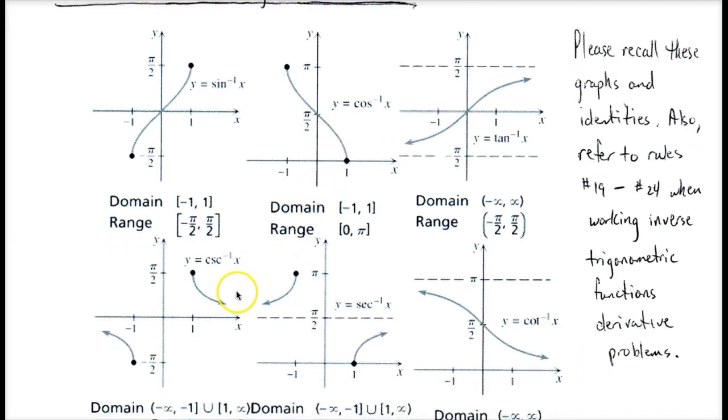Now, of course, for the reciprocal ones, there's another step involved. For instance, for secant inverse, to produce its graph, you would use the graph of cosine to come up with secant. To do that, you would take wherever you have x-intercepts for cosine and make those vertical asymptotes.